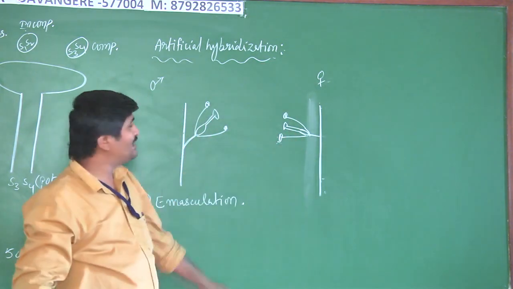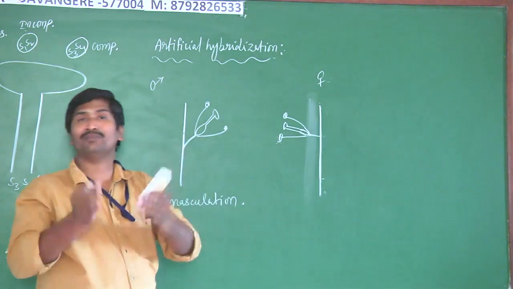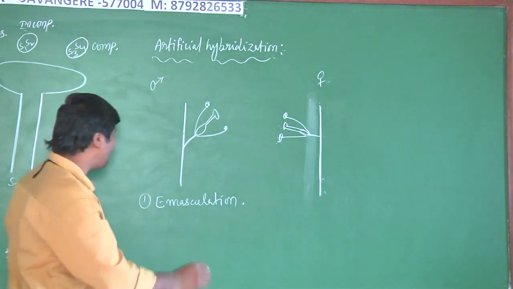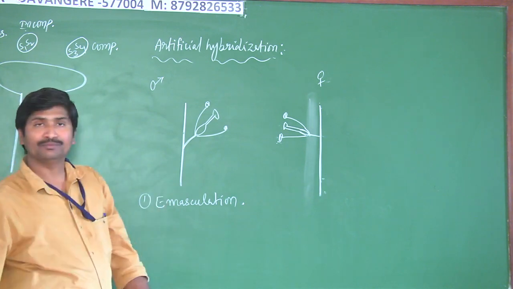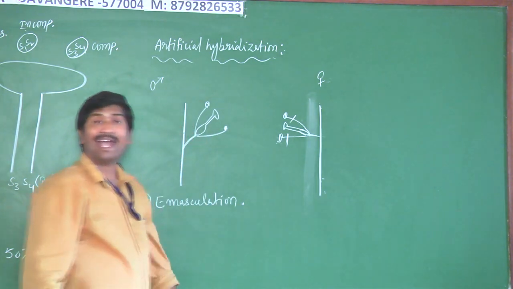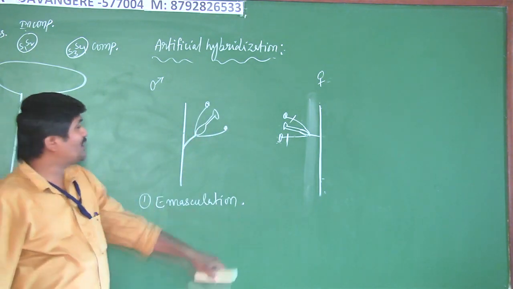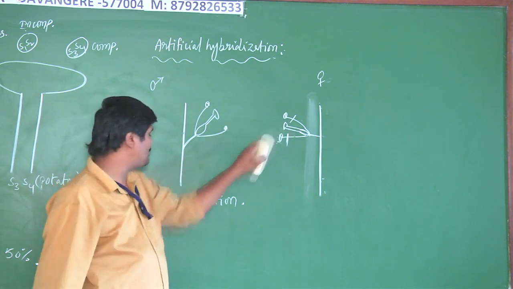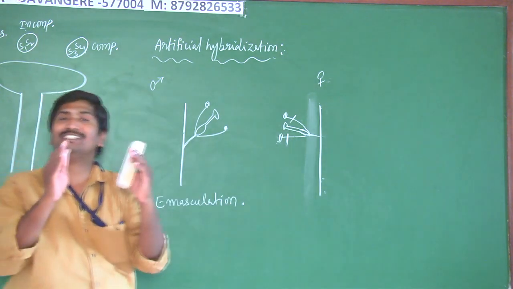For that purpose, suppose the selected female parent contains bisexual flowers: the removal of the anthers from the bisexual flower in bud stage is known as emasculation. Here the anthers are completely removed.